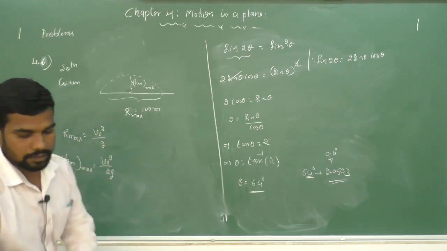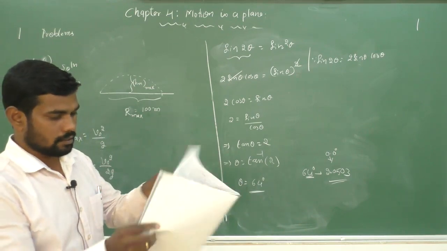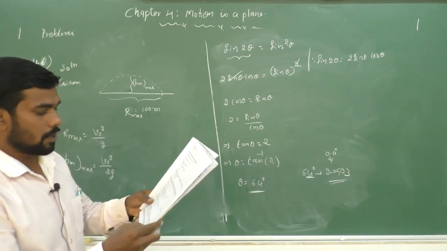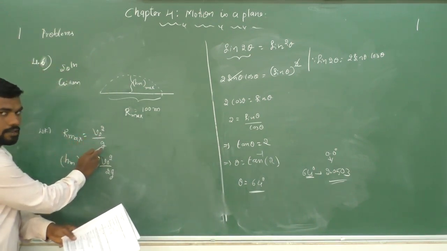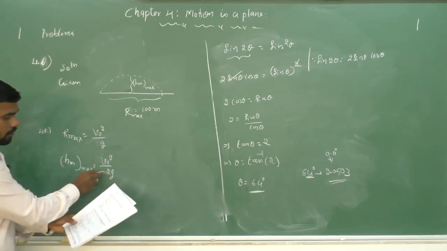These equations I discussed on page number 27. Here R max is given by V naught square by G, and H max is given by V naught square divided by 2G.